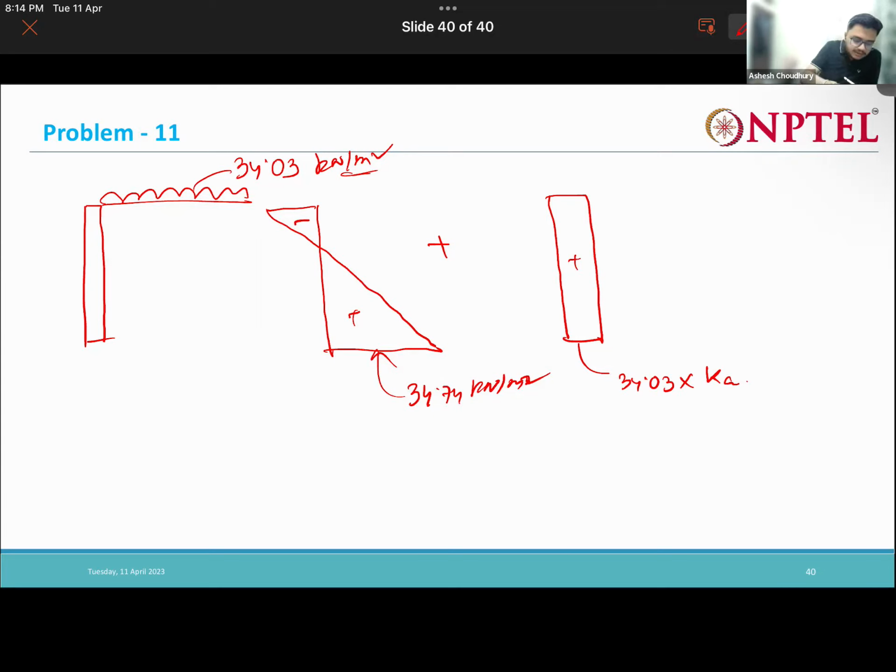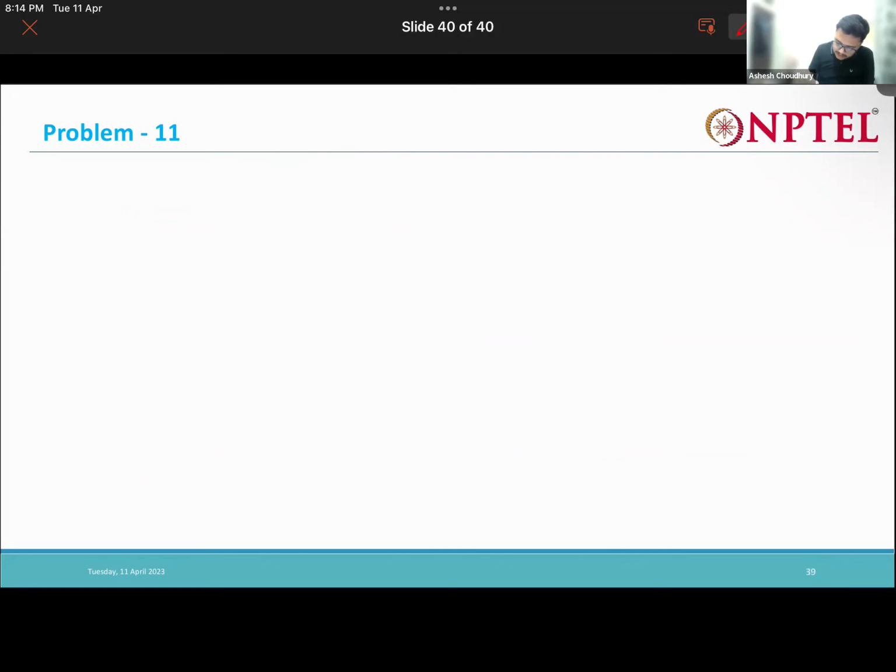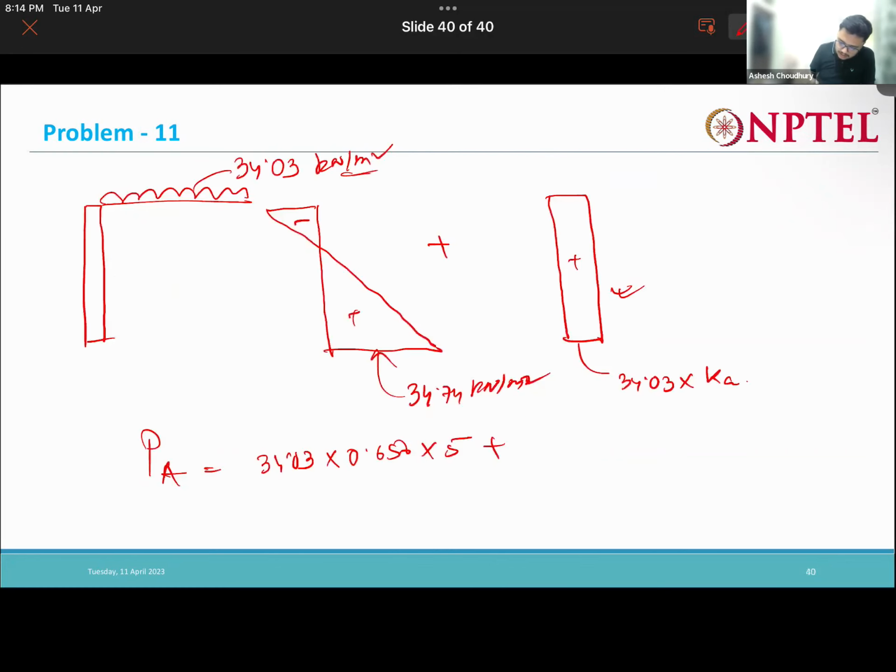Now if you want to find out the total pressure, the new changed active earth pressure, what will it be? It will be just the area of this. What is the area? 34.03 into 0.656 into the height. Height was 5 meter. Plus this area, whatever we already calculated, 51.07.